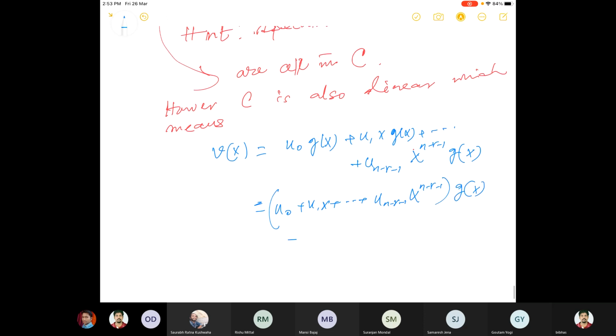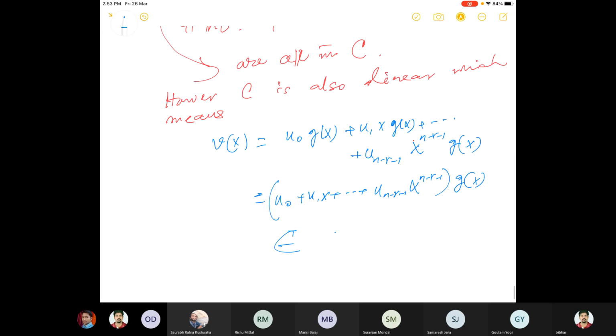Then this also belongs to C. And these uj's are nothing but 0 or 1. So this is a very important property.